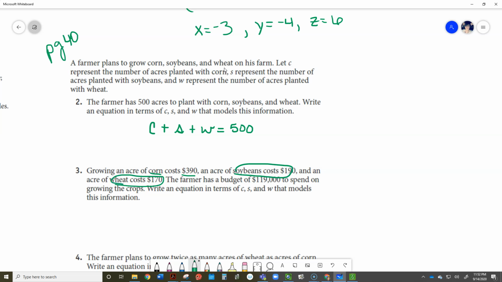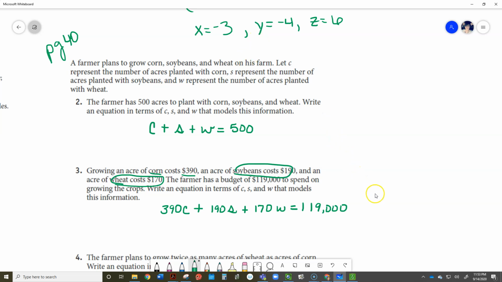So as we read it, I'm going to do $390 for every acre of corn, plus $190 for each acre of soybean, plus $170 for each acre of wheat, and then all together, that's a budget of $1,119,000. Okay, so I've now got 2 equations, each one of them with C, S, and W. I pretty much wrote it exactly the way that I read it.